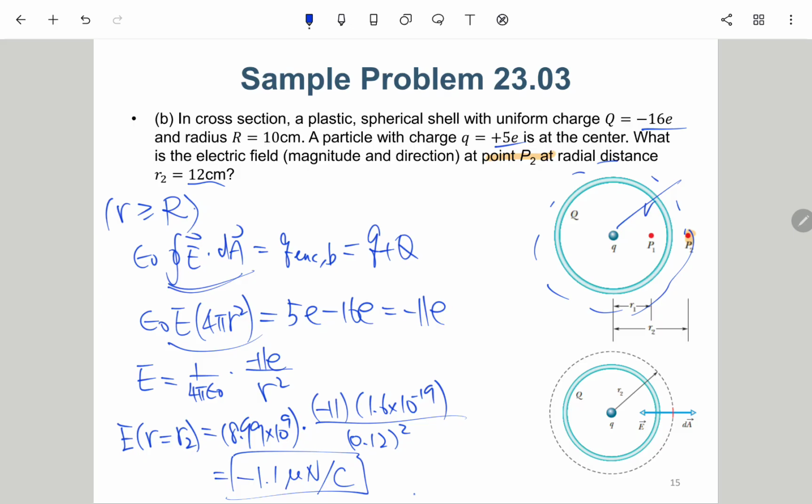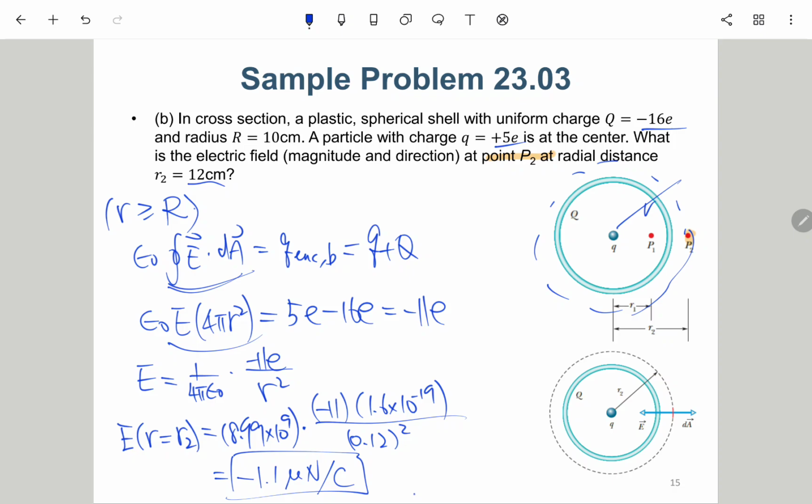Actually, for every single case, you can define an arbitrary Gaussian surface, but in most cases Gauss law won't work. As long as the Gaussian surface fits that case, when you apply Gauss law, you can get some meaningful conclusion.